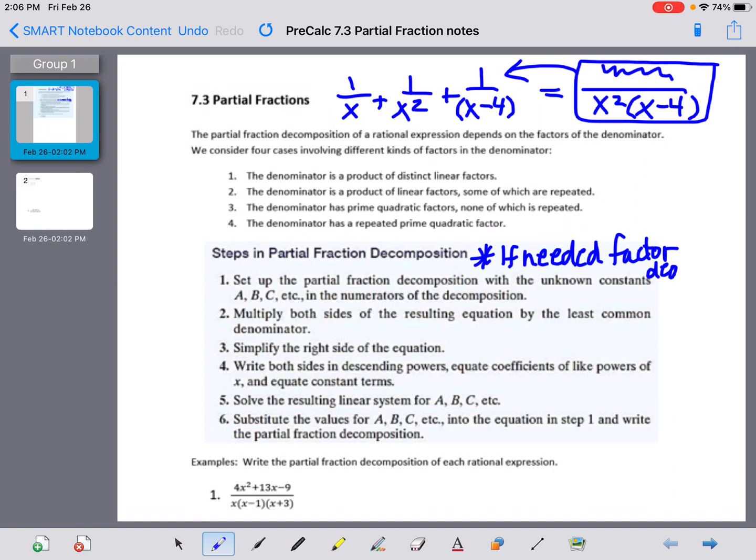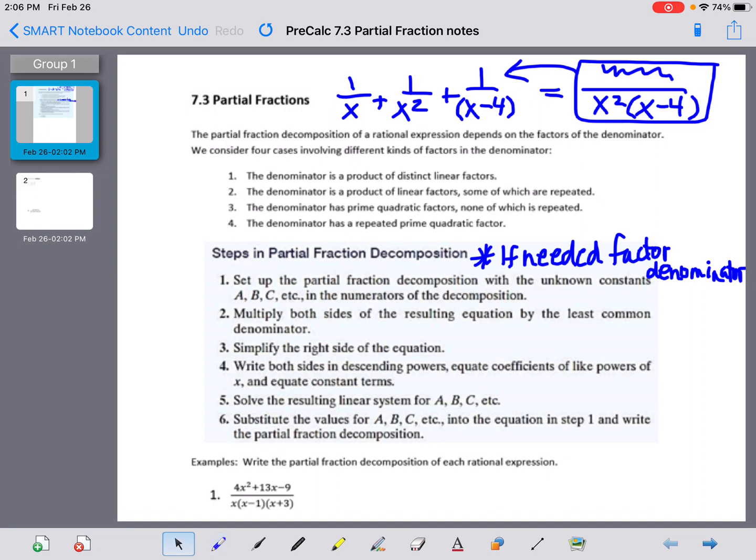Okay, and I'm going to put this here, and then I'm going to tell you that none of my examples need this done, but you might get to something on your homework that you do need to factor first. So if needed, factor your denominator, because what's important is we need factors in our denominator, not just a polynomial. Okay, we need factors. So we're going to set up our partial decomposition with the unknown constants in the numerators, and then we're going to work from there.